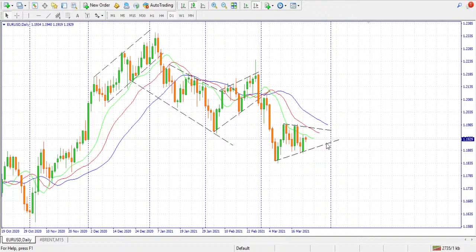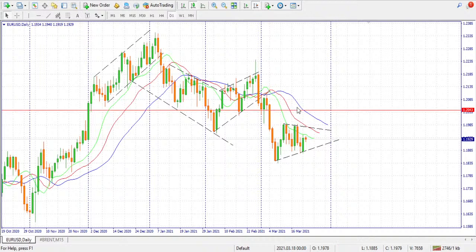If the price should break beyond any of these lines, then that will mean we are continuing in that direction. So should the price go above the upper trend line, we do expect a move at least up to this point, and if the price goes above that, then our next level is this.